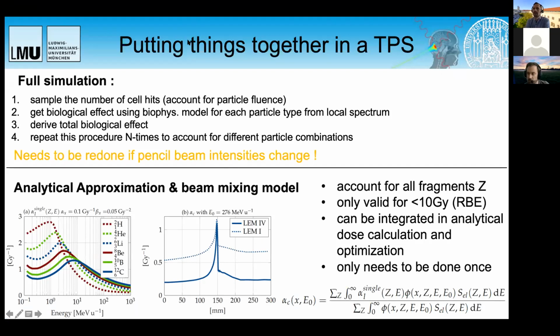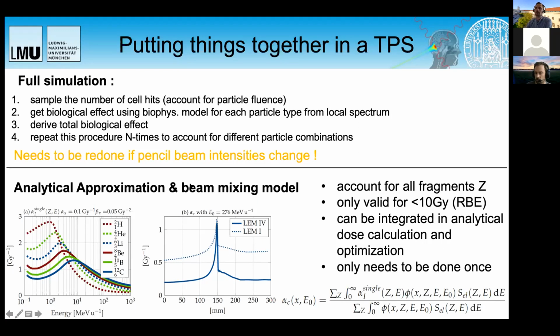So we can re-evaluate the biological effect after changing the weight vector, or after changing the fluence, basically. And this is basically what I presented earlier before, that we have implemented this analytical approximation in the beam mixing model.